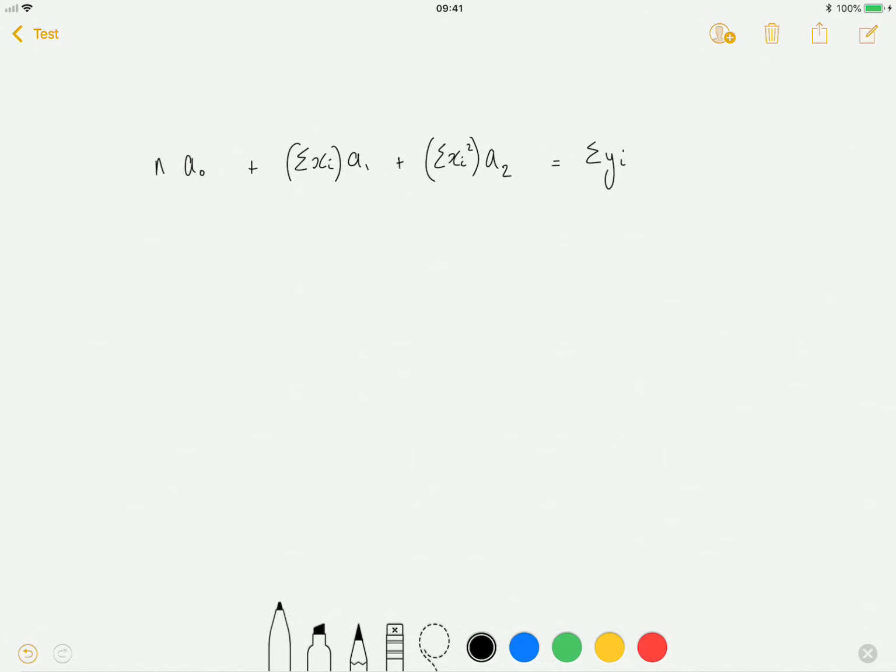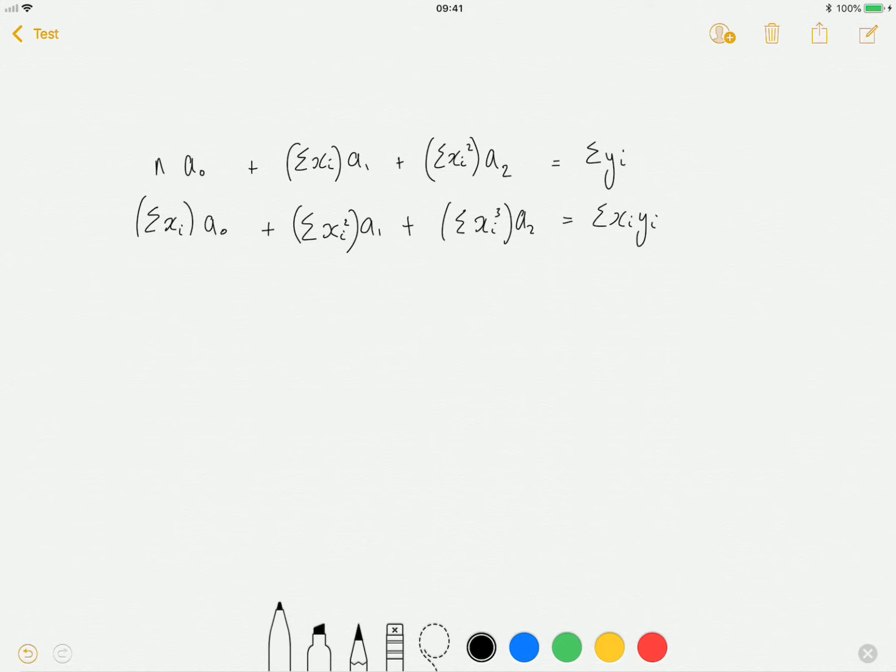We also have the sum of x multiplied by a0 plus the sum of xi squared multiplied by a1 plus the sum of xi cubed multiplied by a2 equals the sum of xi yi.